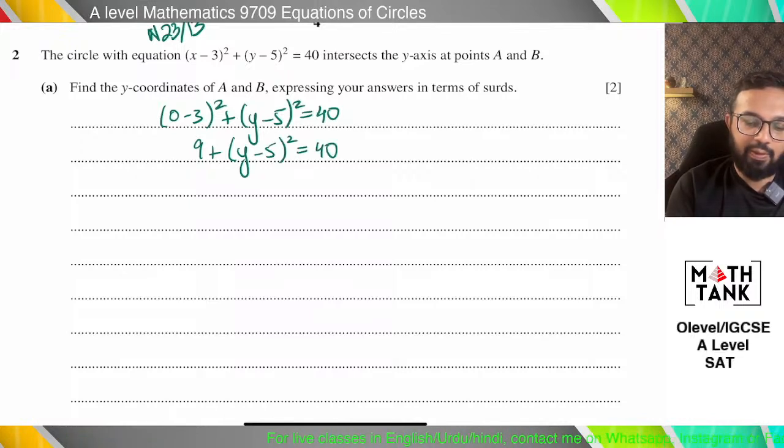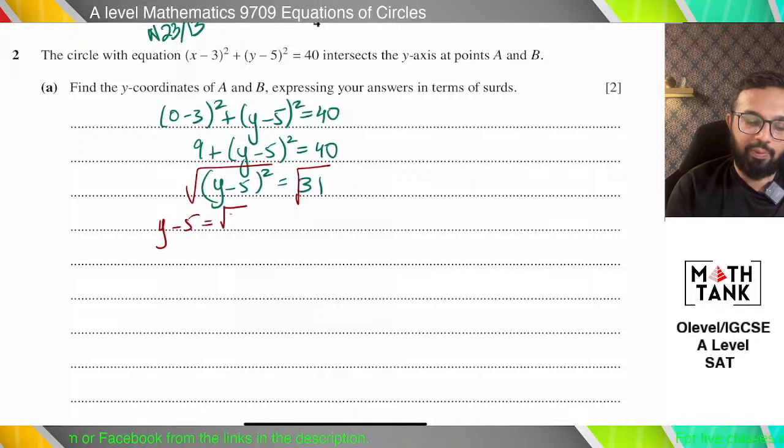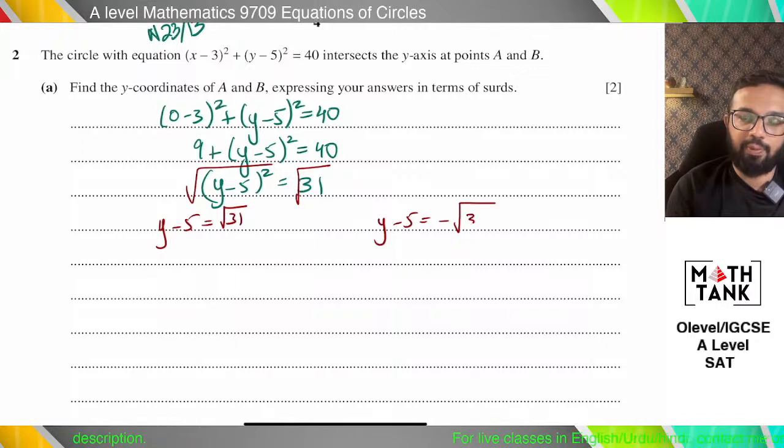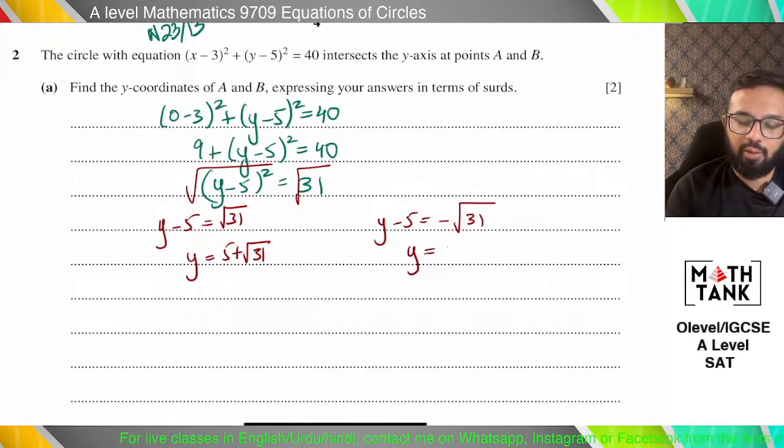Expressing your answers in surds means that you have to leave it in the form of roots. Okay, so I put a root on both sides. y minus 5 equals root of 31 with a plus, and y minus 5 equals minus root of 31. 31 is a prime number. I don't think I will be able to do anything about it.